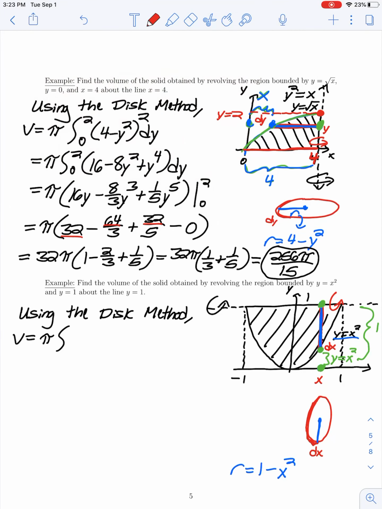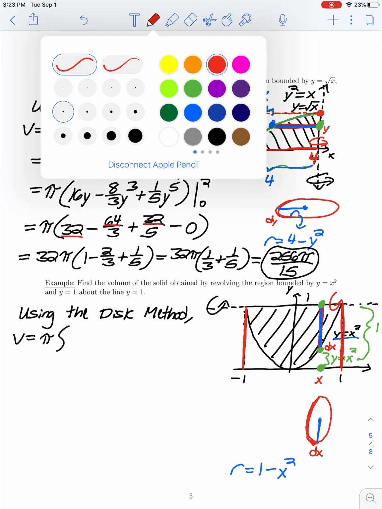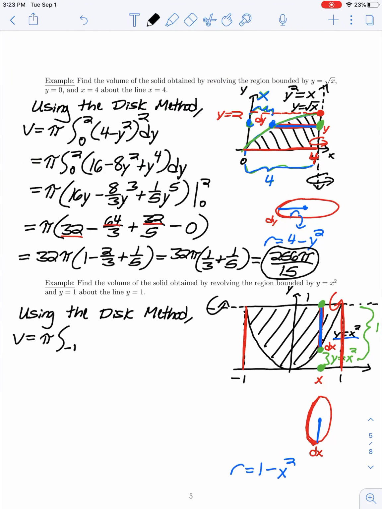And we can see here that our x interval ranges from x equals -1 up to x equals +1. And we're taking our radius, which was 1 minus x squared, and squaring it. Here we're integrating with respect to x, since we were looking at thin slices of width dx.